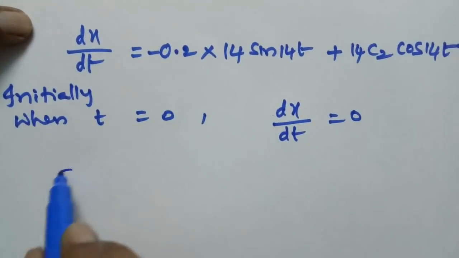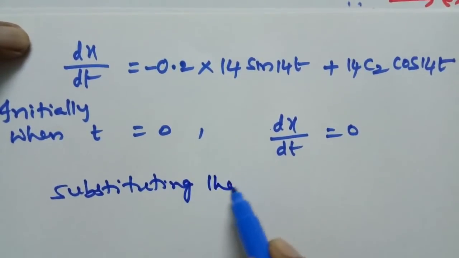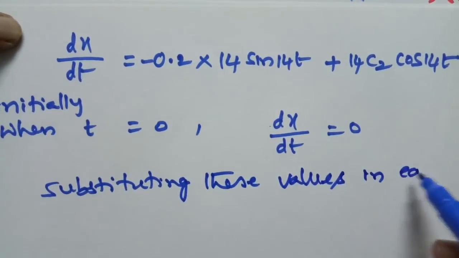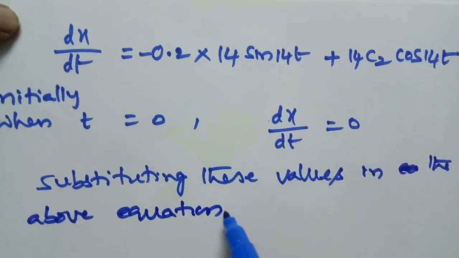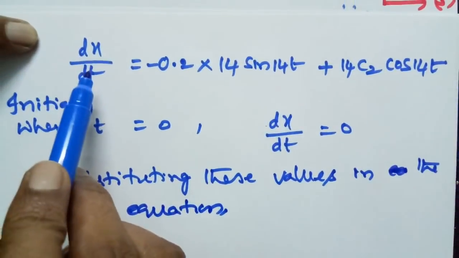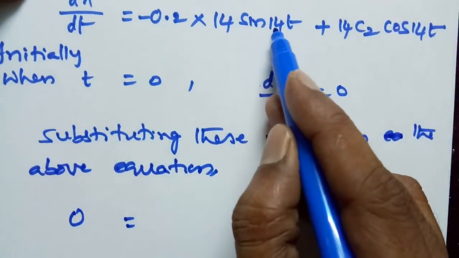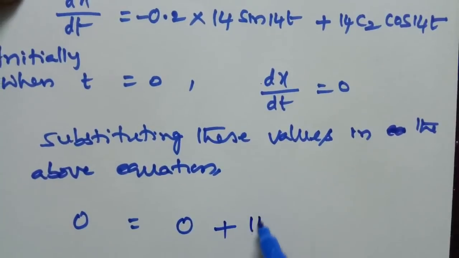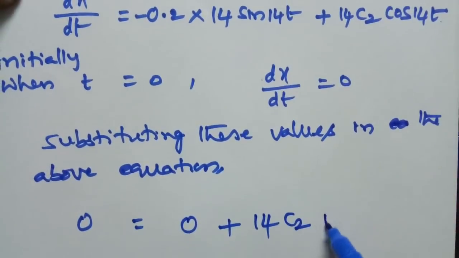Therefore, substituting these values in the above equation, dx by dt value 0 minus 0.2 into sin 14t, sin 0 value 0, plus 14 into c2 cos 14 into 0, cos 0 is 1.